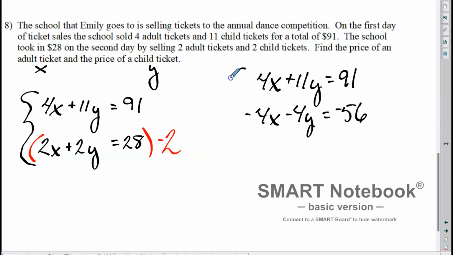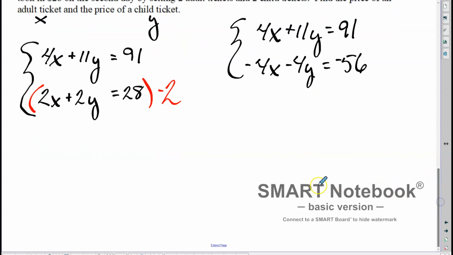I'm sure you guys are like hawks watching for me to make a mistake, which is awesome, because the whole point is for you to get smarter than the old guy. You've got to pass the knowledge on, so keep your eyes open. I'm going to add these equations, and I get 7y equals 35, and y equals 35.